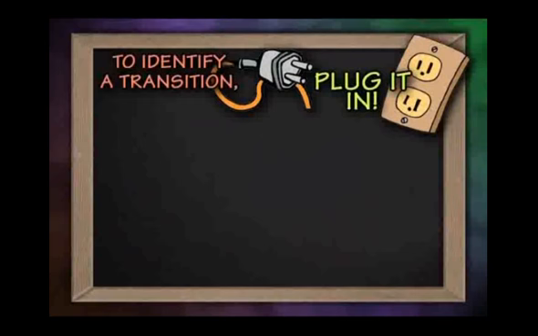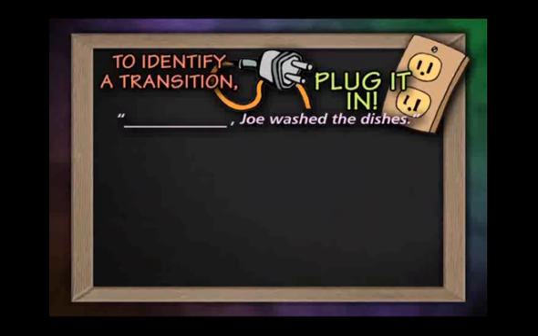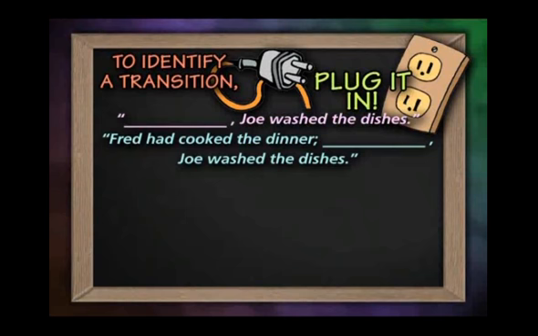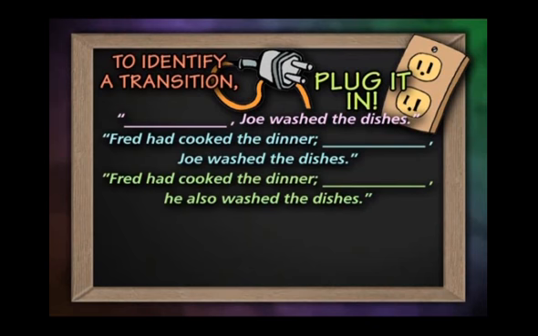Well, for example, blank, Joe washed the dishes. And you would take one of the words and put it in the blank. Or, Fred had cooked the dinner, blank, Joe washed the dishes. And you put that word in that blank. Fred had cooked the dinner, blank, he also washed the dishes.